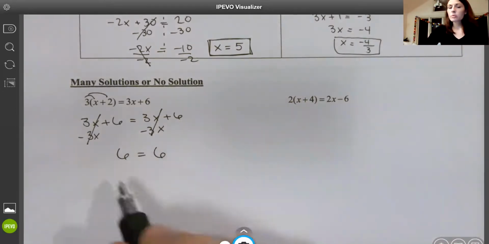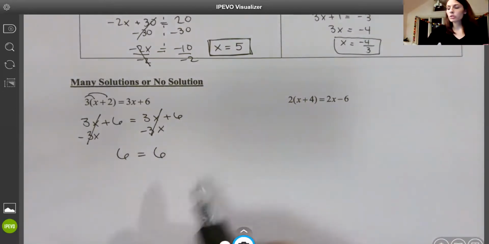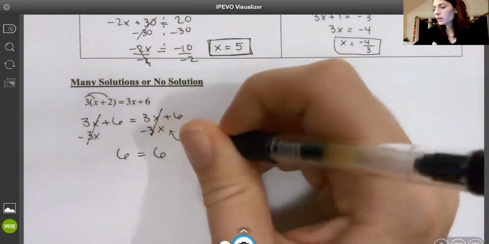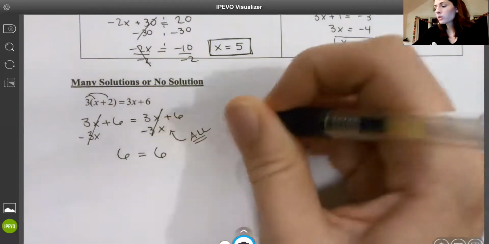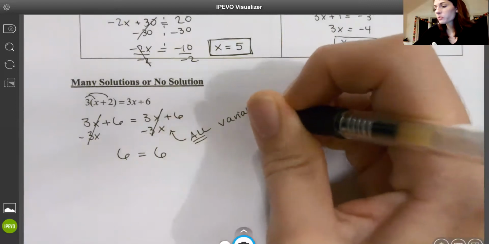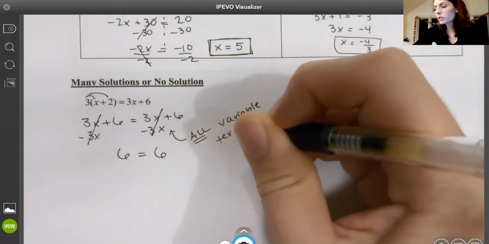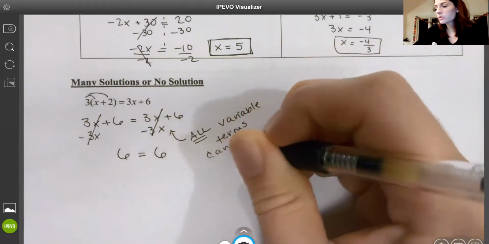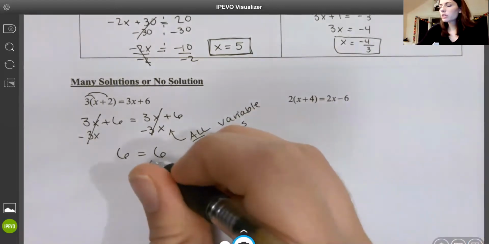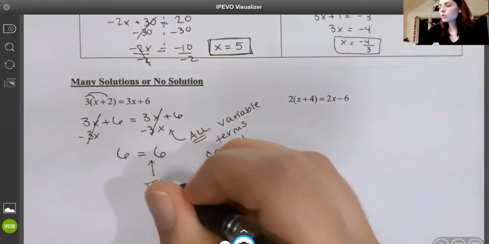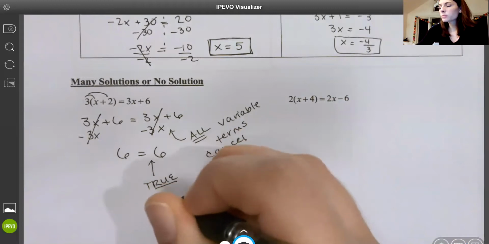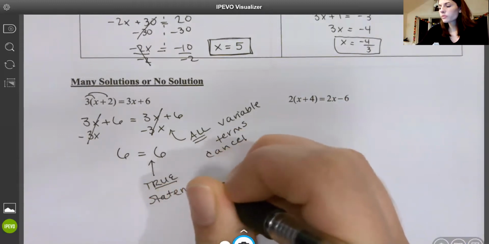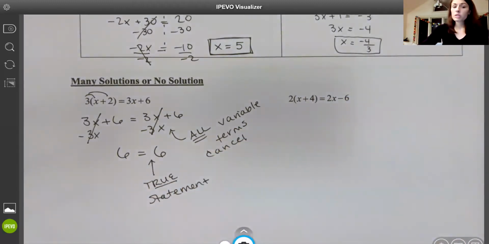Okay, when this happens, when all of my variable terms cancel out, so notice right here, all of the variable terms cancel, and I'm left with something that is a true statement. So 6 equals 6, it will always equal 6.